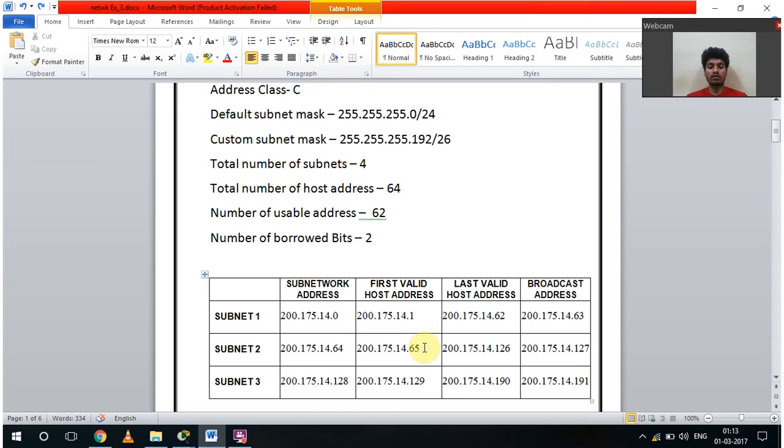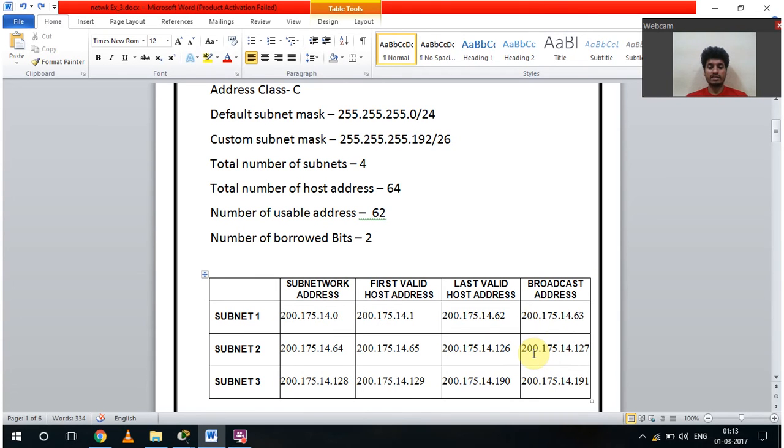Now keeping these two bits as 01 and making all the rest 8 bits as 1, it will be 200.175.14.127, so the broadcast address is 127, and the last valid usable address will be 200.175.14.126.